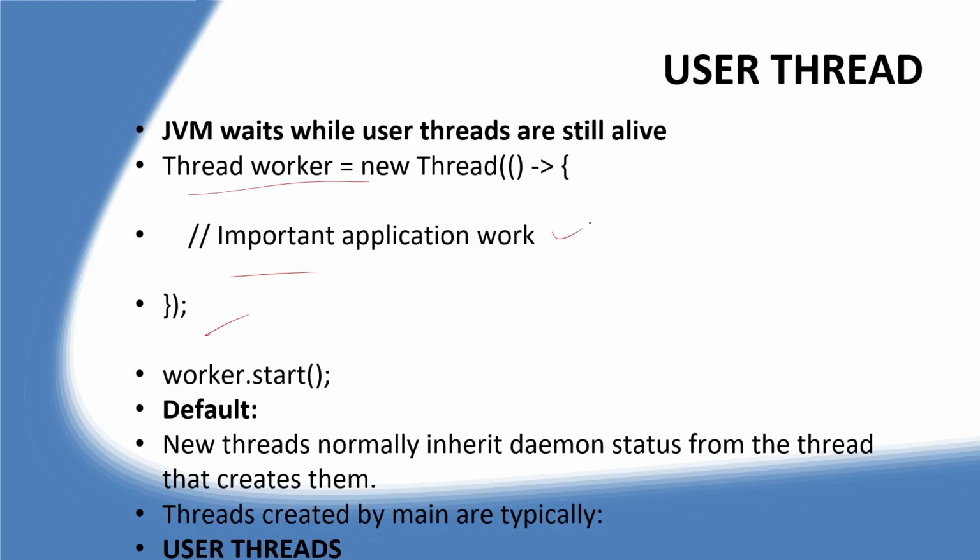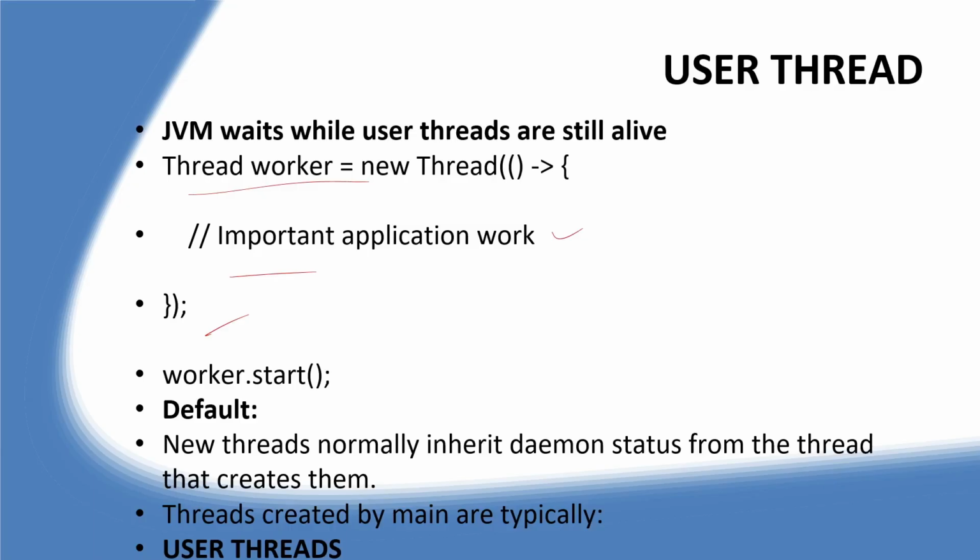It can be any task. Even if the main method finishes, the JVM does not necessarily shut down. Even if the main method is terminated, the JVM will not shut down, because the worker thread is still in progress. It can continue until the remaining user thread finishes.